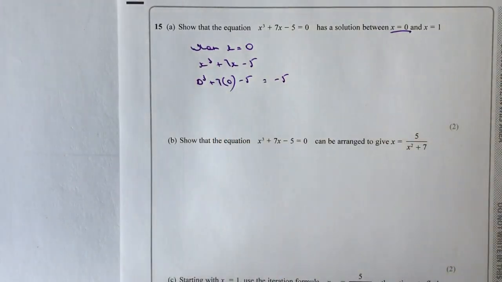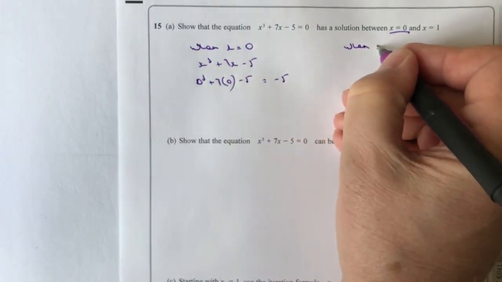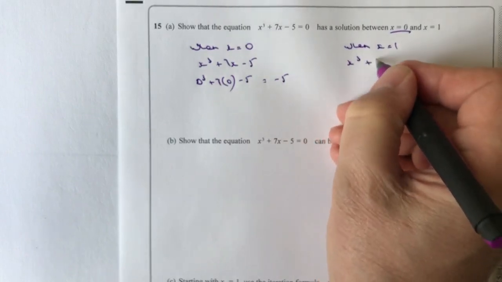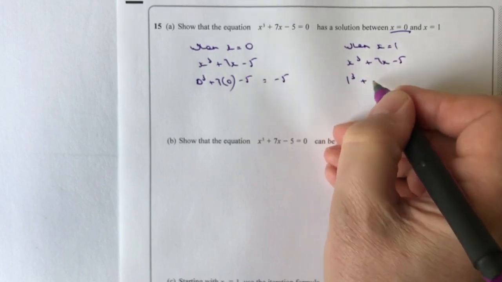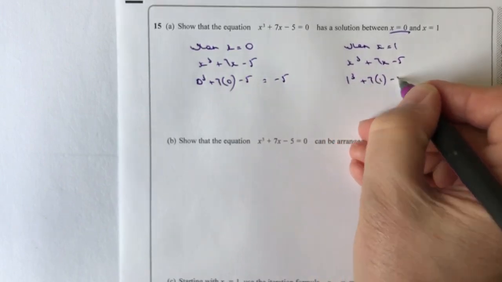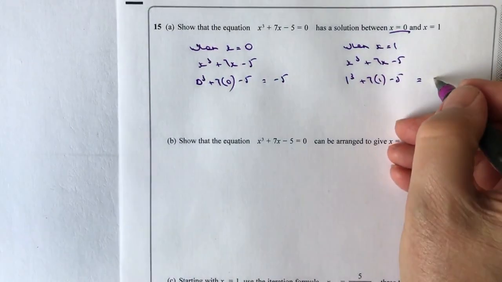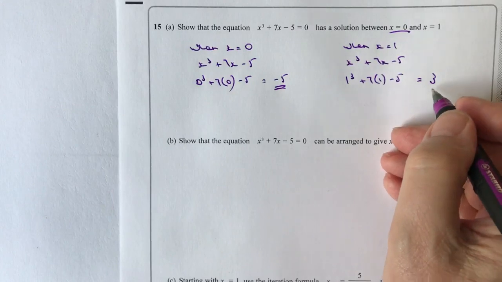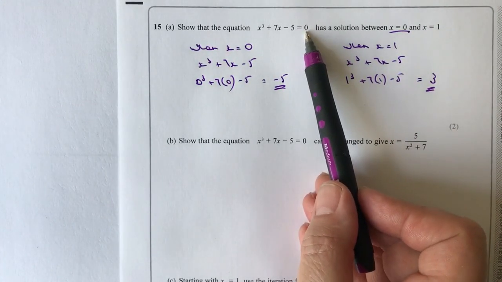The next one then is when x equals 1. So again, I'm going to plug this into x cubed plus 7x minus 5. So that's going to be 1 cubed plus 7 times 1 minus 5. So that's going to give me a value of 3. So minus 5 to 3 is somewhere either side of 0.